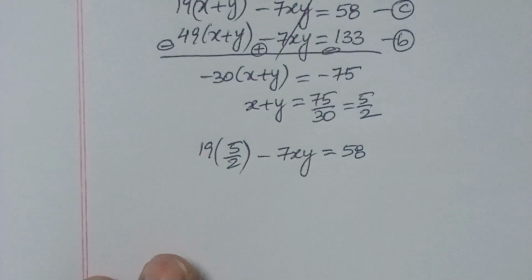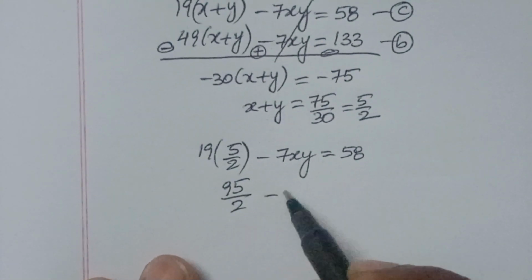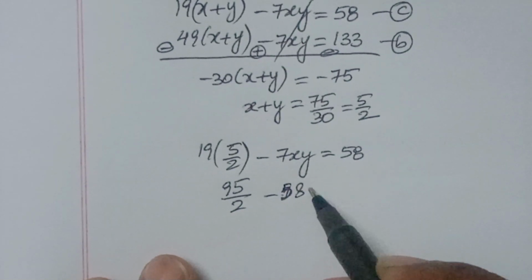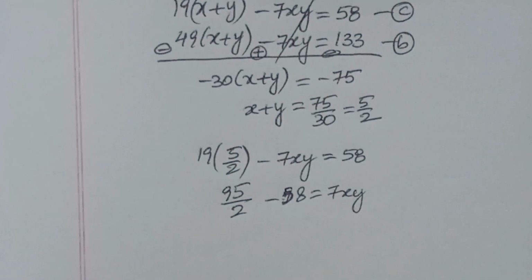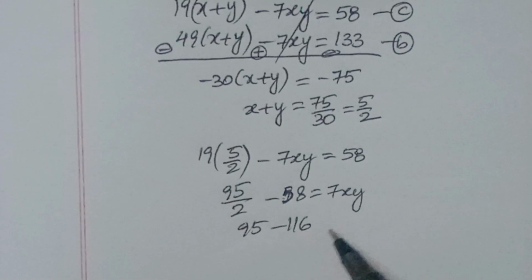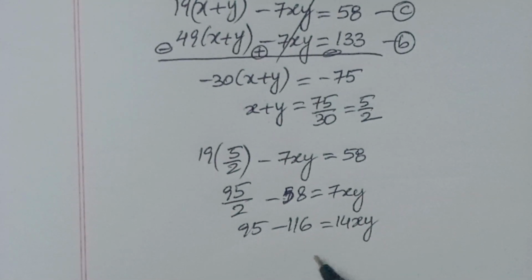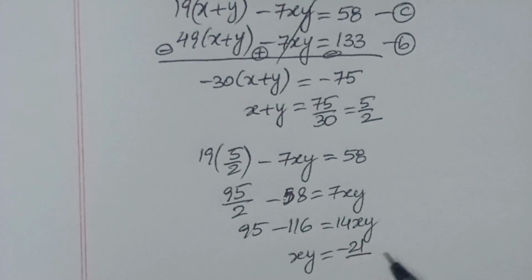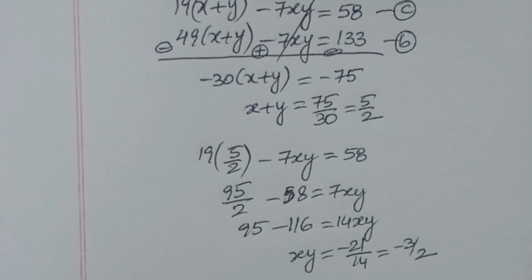Somewhat long process. So 95 by 2 minus 58 is equal to 7xy. So 95 minus 116 is equal to 14xy. So xy is equal to minus 21 by 14, so you are getting minus 3 by 2.